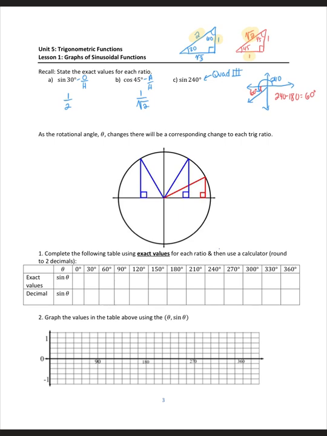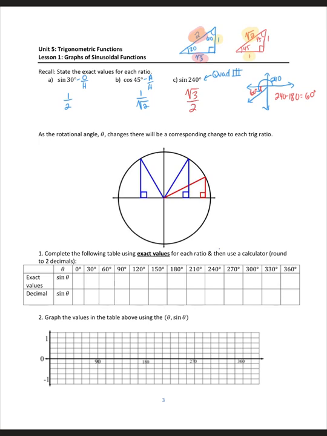So now all we have to think about is, okay, what is the sine of 60? So if we come back to our special triangle, the sine of 60 is going to be radical 3 over our hypotenuse, which is 2. So radical 3 over 2. And then we just have to decide, is that going to be positive or negative?